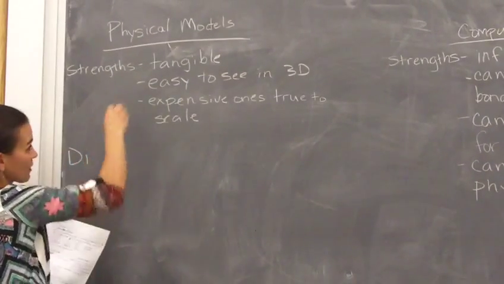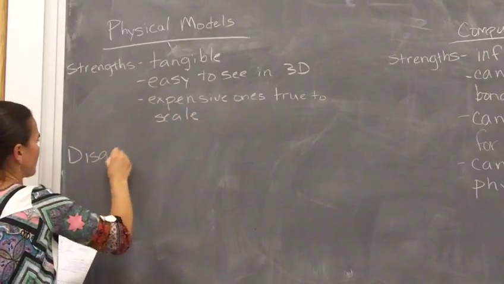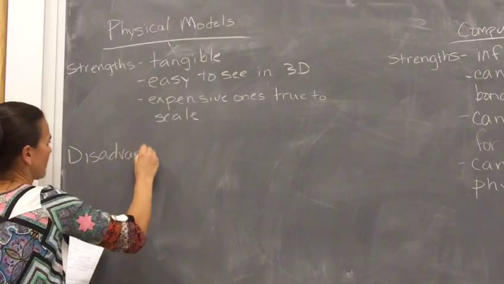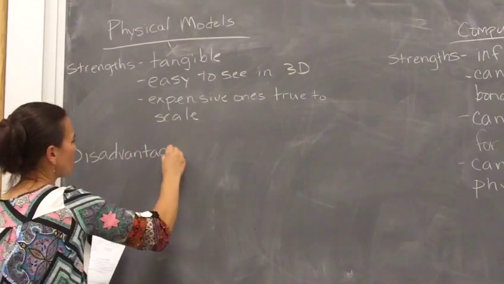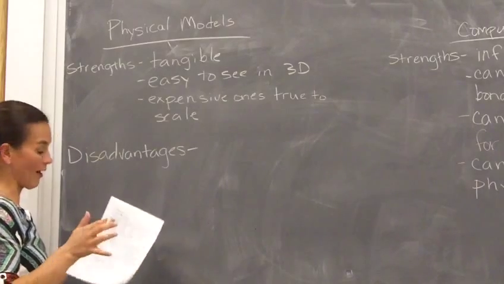Disadvantages now. It's kind of the strengths of one are the disadvantages of the other, and the strengths of the other are disadvantages of the first. For the most part with physical models, the bond angles and lengths are averages.